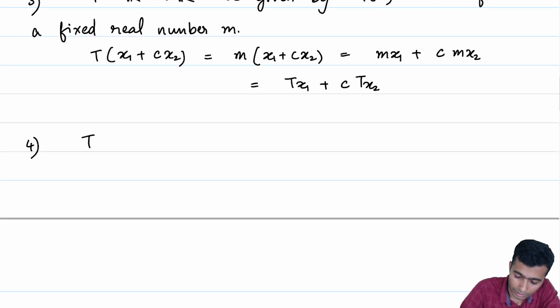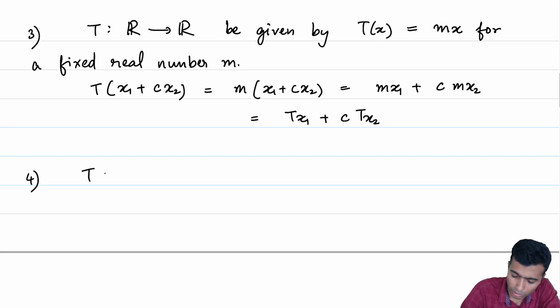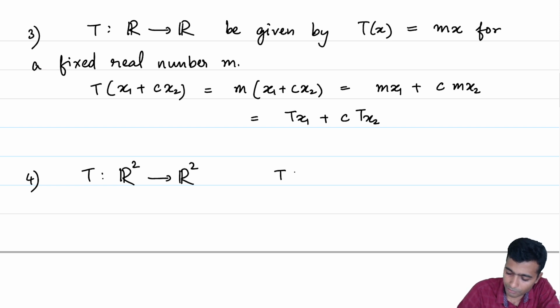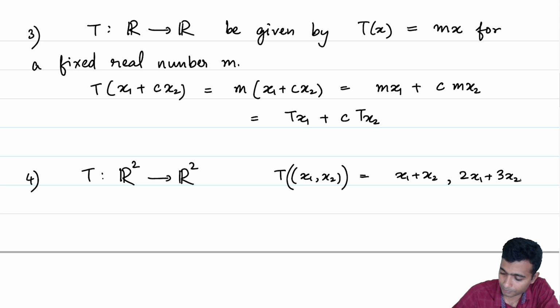Yeah, let us look at T be a map from R2 to itself, where T of some vector, let's say x1 comma x2, is equal to x1 plus x2 comma 2x1 plus 3x2.